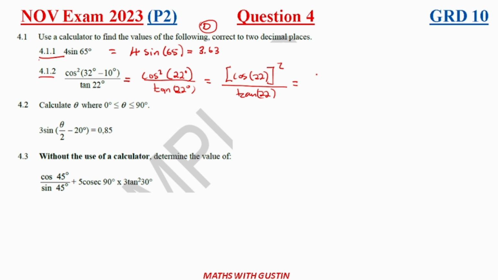At the top part it is going to give us 0.85, and at the bottom it is going to give us 0.40, and then our final answer will be 2.13. Or you can just put it directly like this and come to this answer. That's how you put it in, you just go directly into your calculator and punch it in like that.